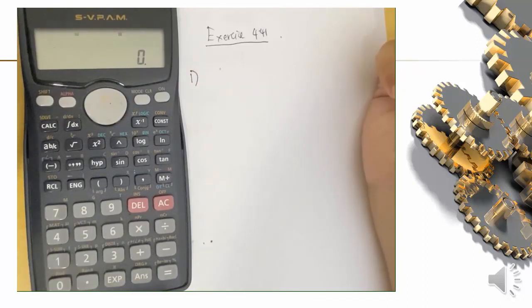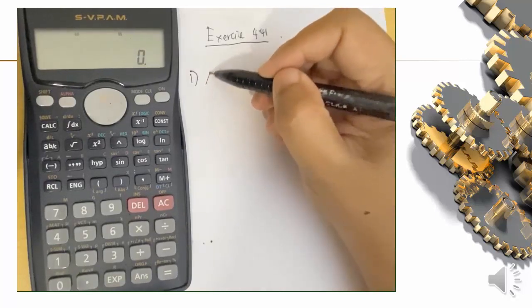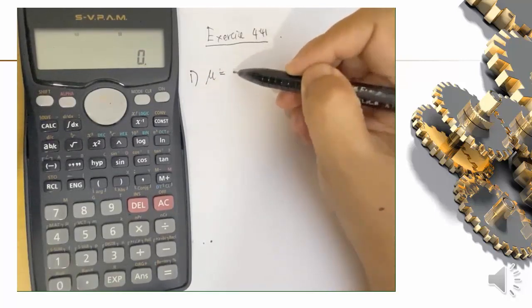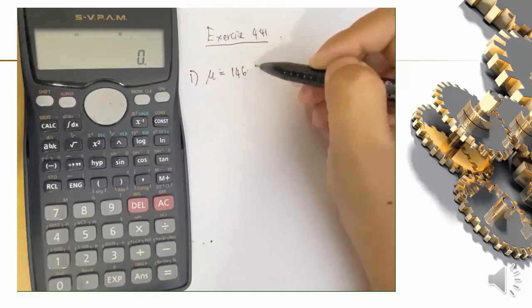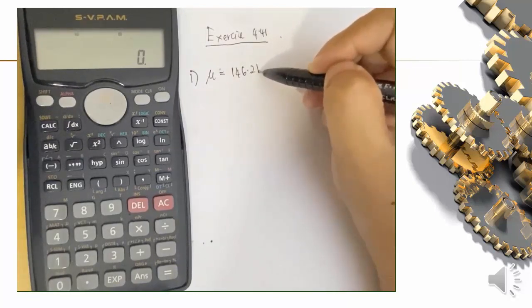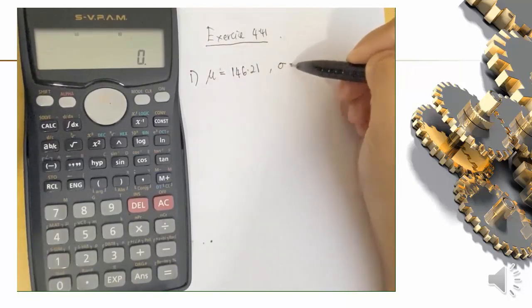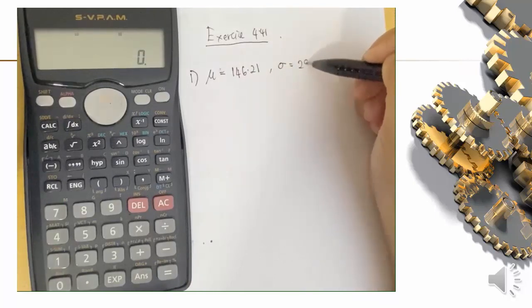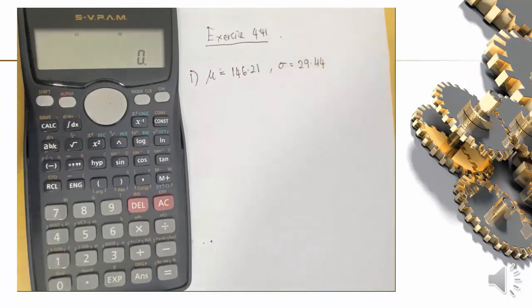So from the first sentence, we have that average mu is equals to 146.21 and the standard deviation sigma is equals to 29.44.